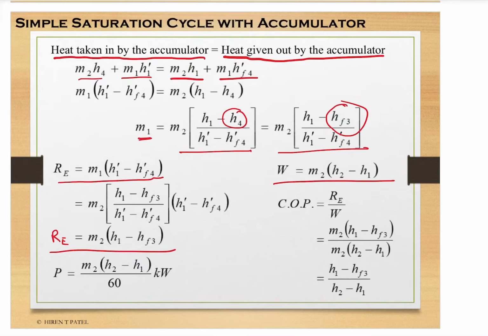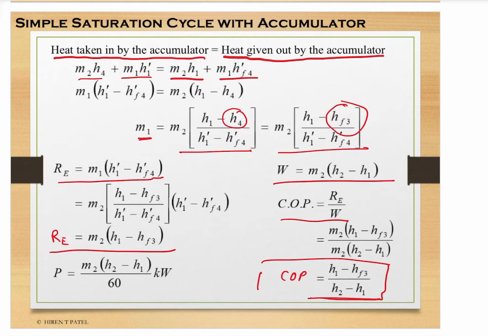COP is RE by W, and we have h1 minus hf3 divided by h2 minus h1, that is the final COP of the system. So here also the coefficient of performance and power required are the same as the simple saturation cycle.